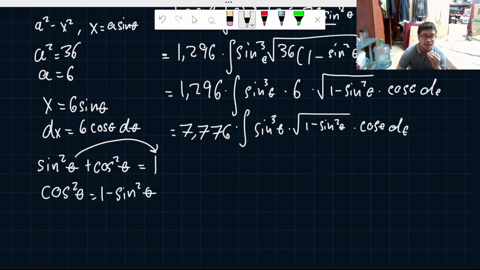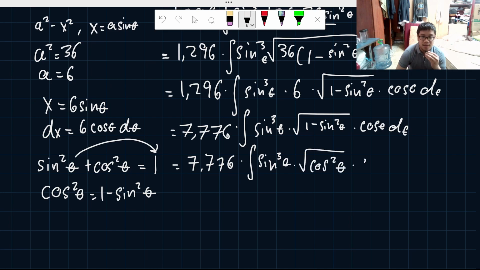So we can rewrite 1 minus sine squared theta as cosine squared theta. That means we will have the integral of sine cubed theta times the square root of cosine squared theta.